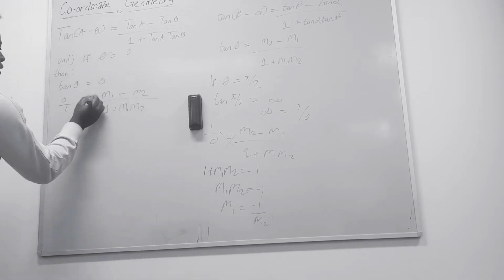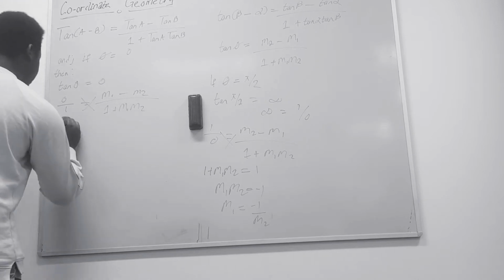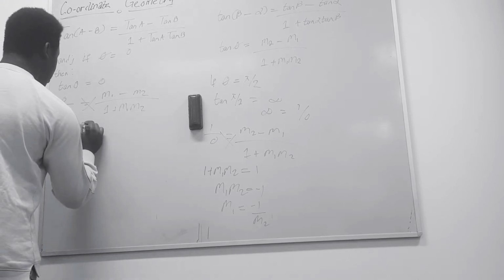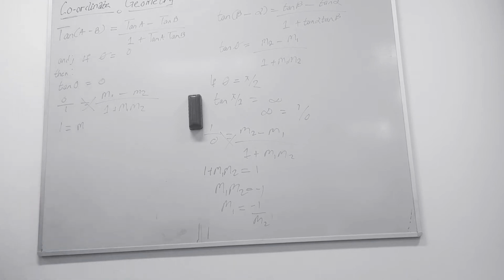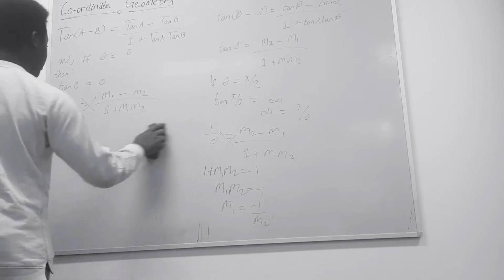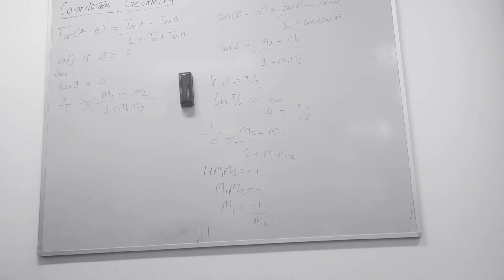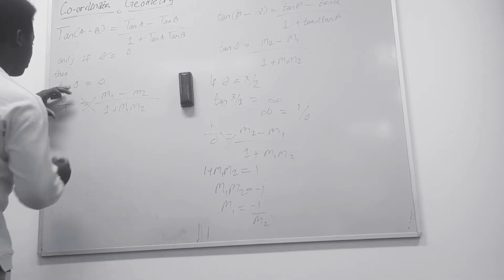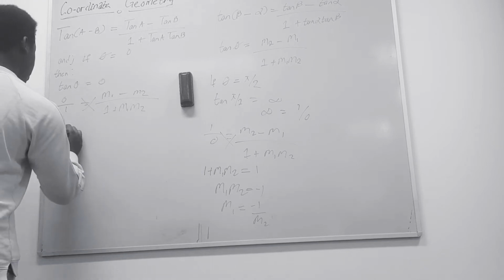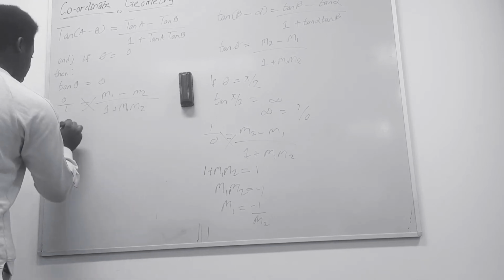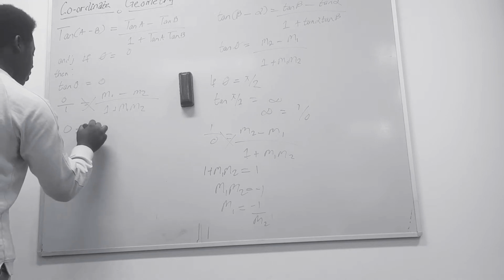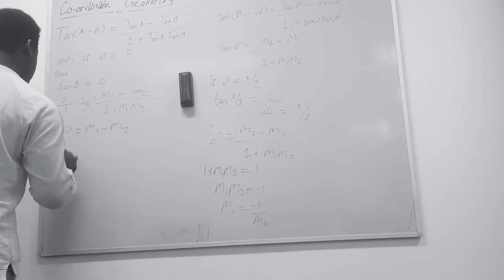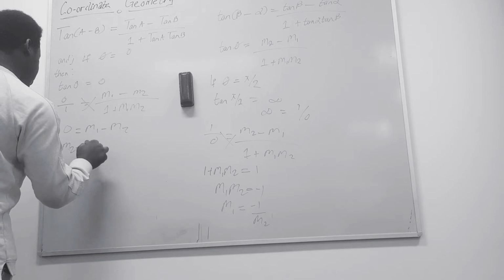Cross multiply. Oh, sorry, give me a second. So you cross multiply, so you have 0 times 1 plus m1 m2 is equal to m1 minus m2, so 0 is equal to m1 minus m2. So m2 is equal to m1.